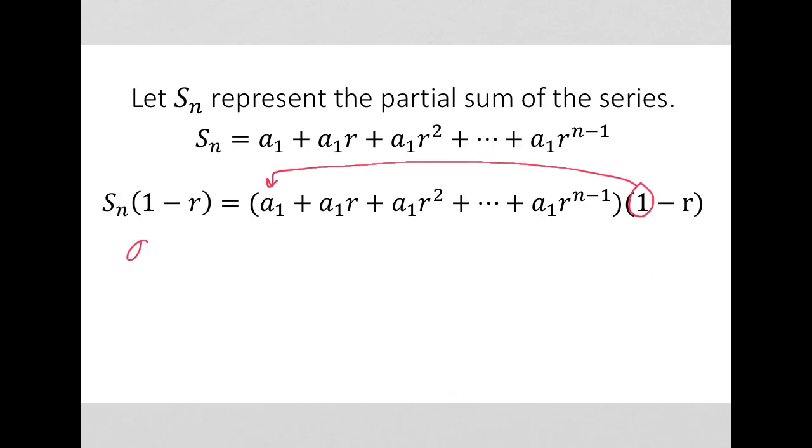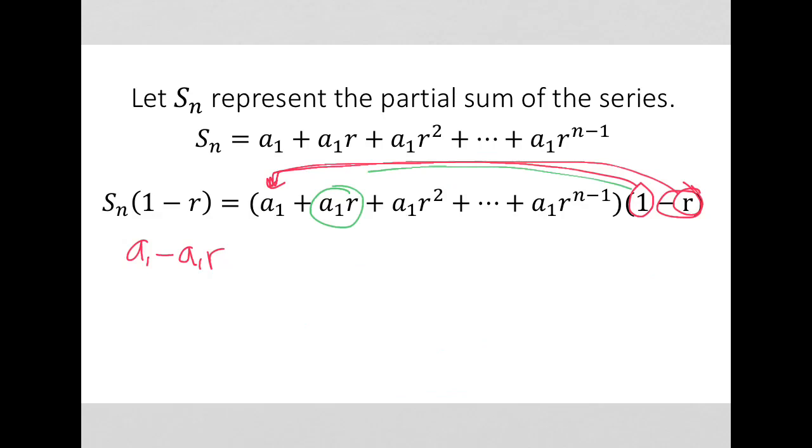Well, that's just going to give us our first term, a sub 1. But then we're going to take the negative r and multiply that by the same term, kind of like foiling in that 1 minus r. So if I multiply a sub 1 by negative r, I'm going to get a minus a sub 1 times r.